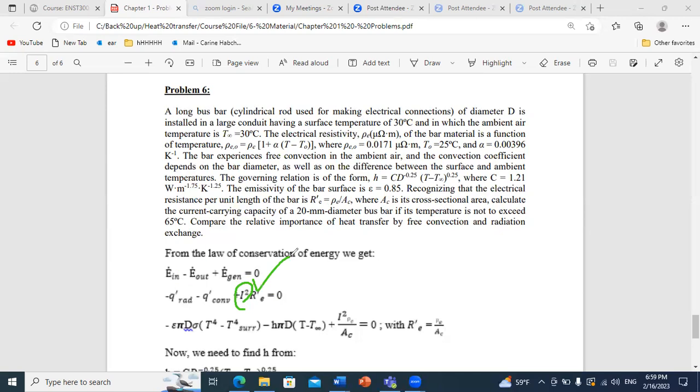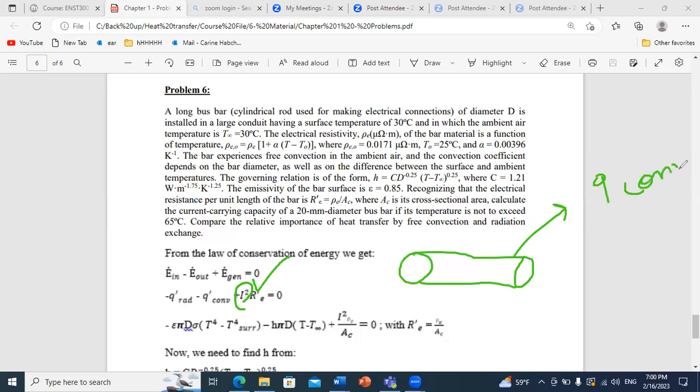We already discussed that we have heat loss from the cylinder towards the surroundings by two modes of heat transfer, by convection and by radiation. And we don't have any inlet source.